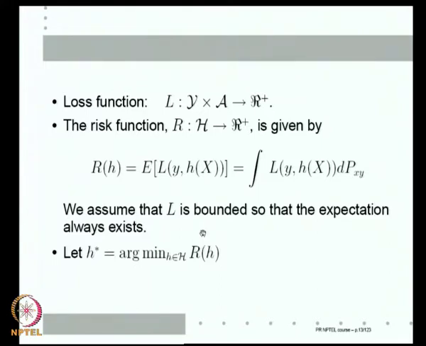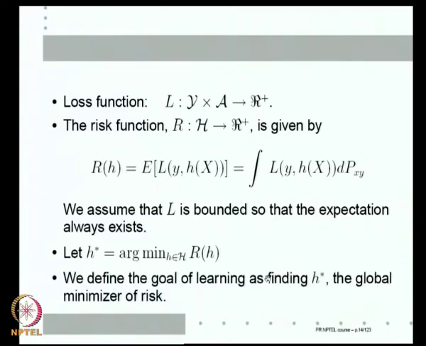Given this, our objective is the global minimizer of risk. We give it the symbol h star, the value of little h that will globally minimize R h. So, ultimately our goal of learning is finding the function h star, which is the global minimizer of risk.